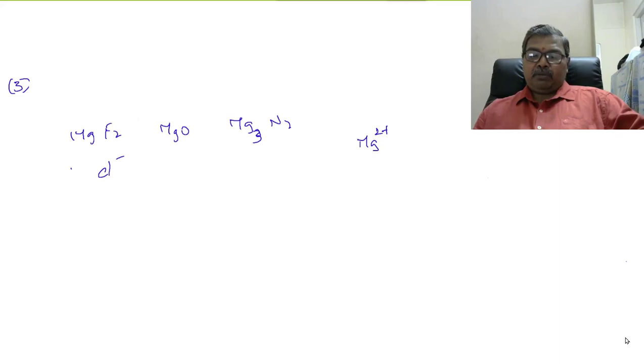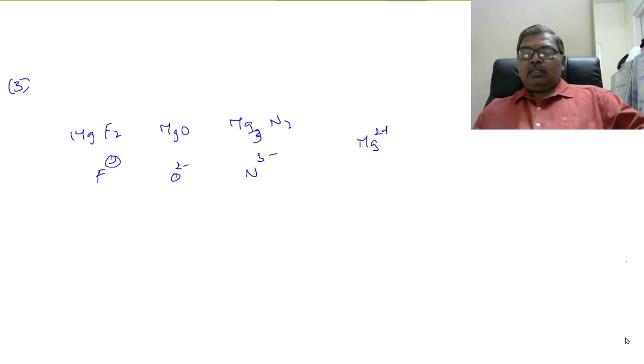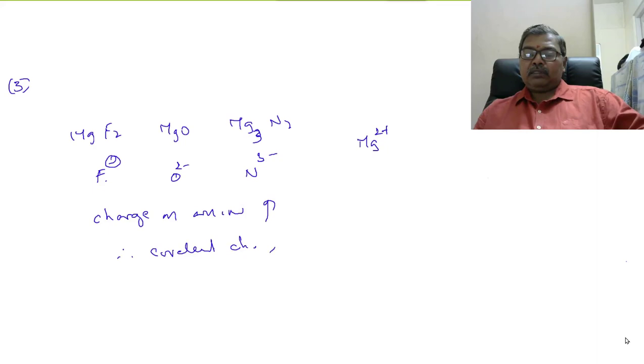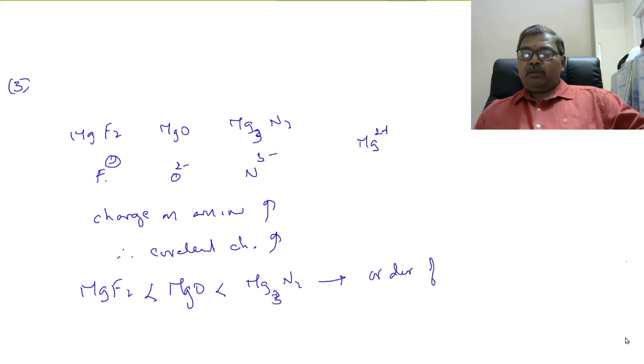So you can take MgF2. F minus ion is present, O2 minus ion is present, N3 minus ion is present. Now here, charge on anion increases. Therefore, covalent character increases. So, MgF2 is less covalent than MgO than Mg3N2. So, this is order of covalent character.